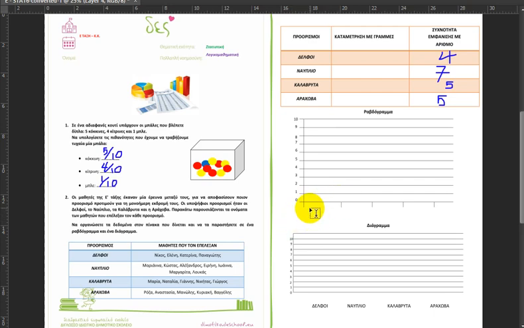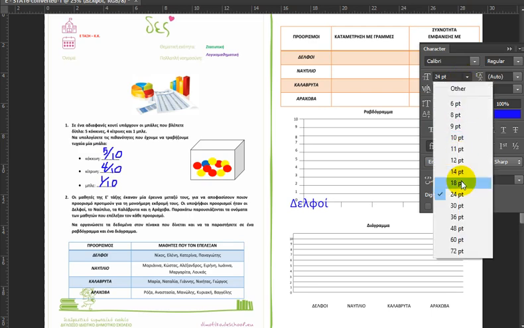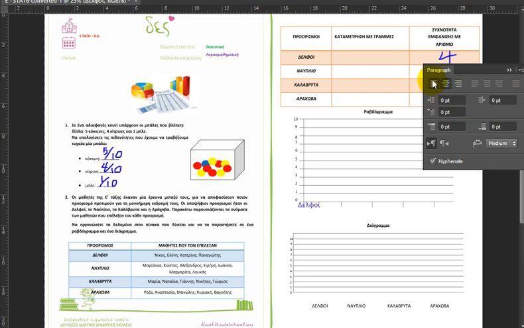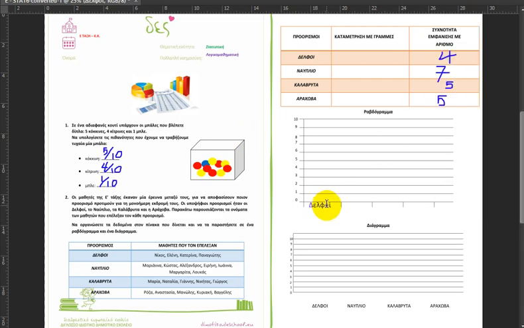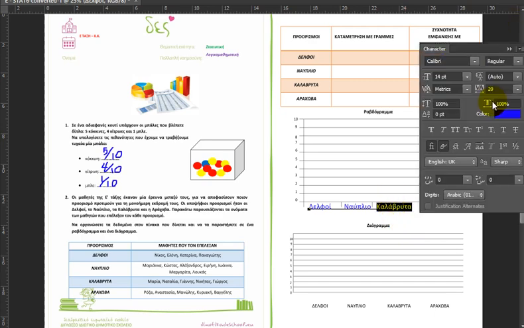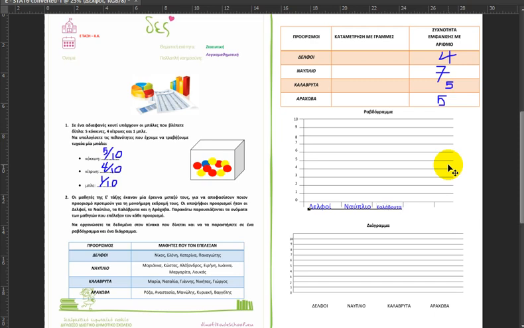So we need to first write the names of the places. And then we have the first one getting 4.